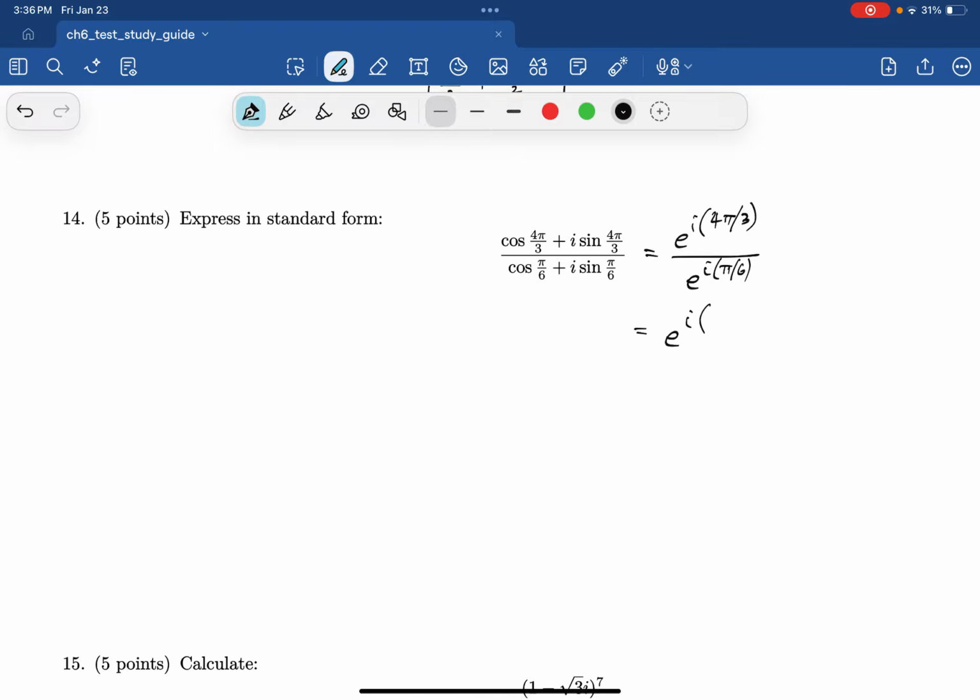Yeah. Which is cosine 7 pi over 6 plus i sine 7 pi over 6, which is negative root 3 over 2 minus 1/2 i.